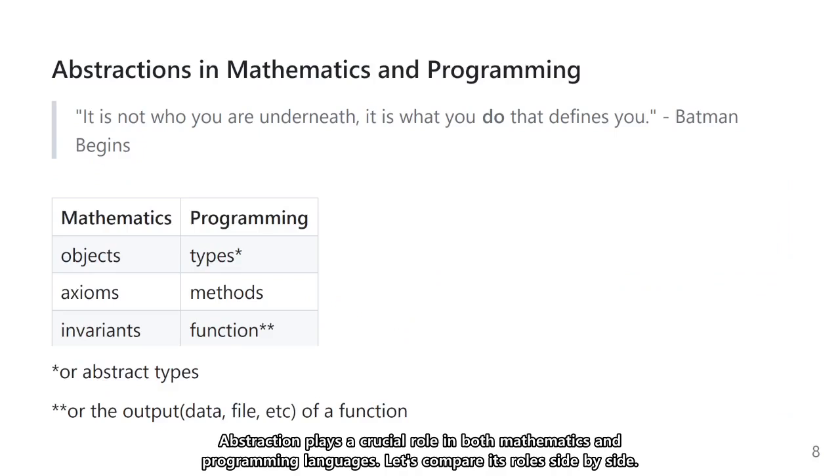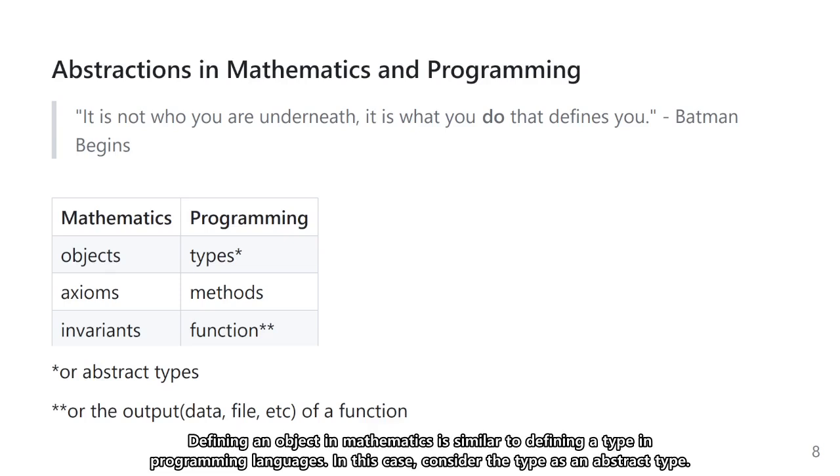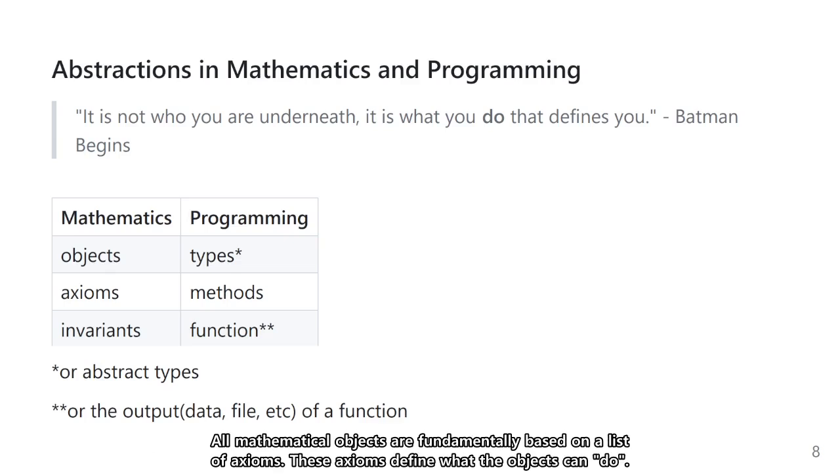Abstraction plays a crucial role in both mathematics and programming languages. Let's compare its roles side by side. Defining an object in mathematics is similar to defining a type in programming languages. In this case, consider the type as an abstract type. All mathematical objects are fundamentally based on a list of axioms.